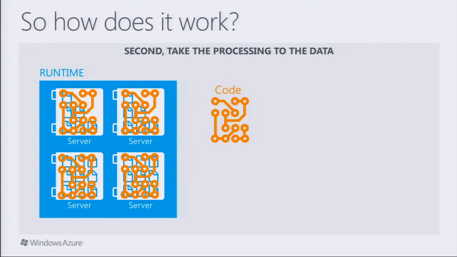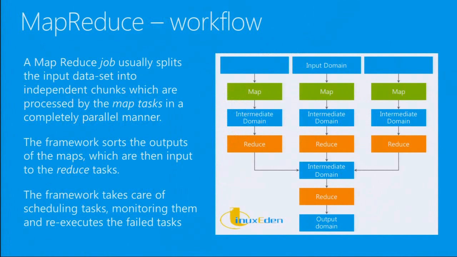The second operation is the reduce operation. The reduce operation simply summarizes the results from each of the map processes, which run in parallel, and that is the simplest explanation of a MapReduce operation.